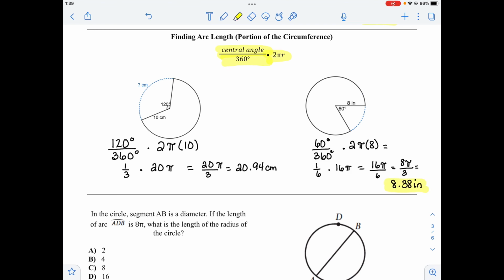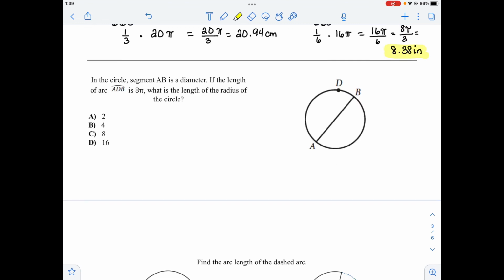This next one you should have gotten as a decimal 8.38 inches, and that's rounded again as well. In this circle, segment AB is a diameter. If the length of the arc ADB, so from here all the way to here, is 8 pi, what is the length of the radius of the circle?